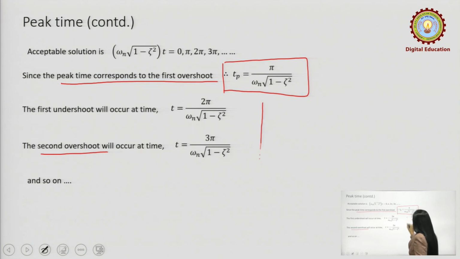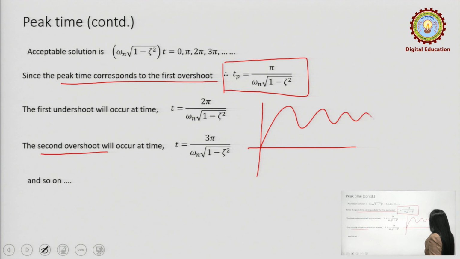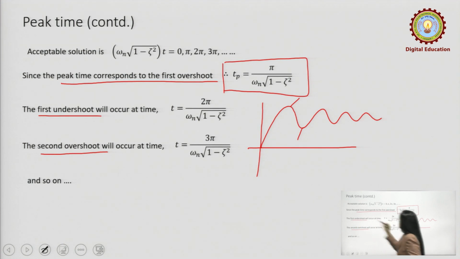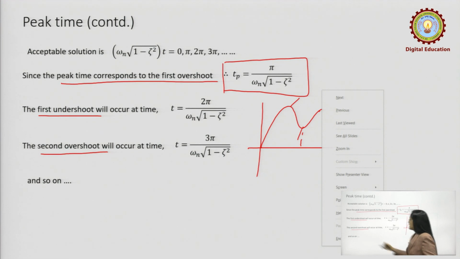So, in the response curve, this is the first overshoot, this is the first undershoot, and we can find the time when the first undershoot is obtained, and the second overshoot, and so on.